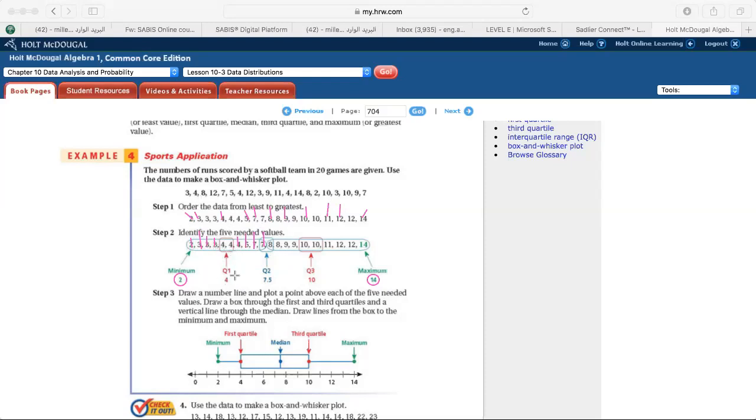So Q1 represents quartile 1, the first quartile, because the first quartile represents the median of the first set of values.